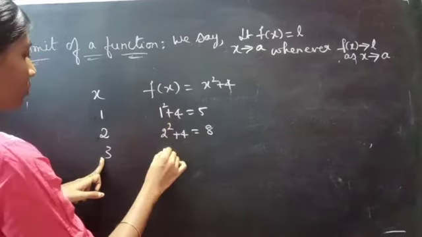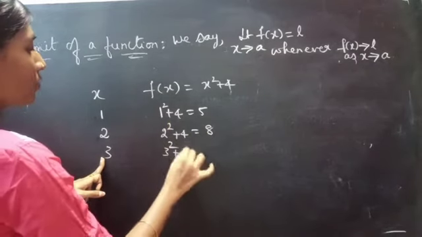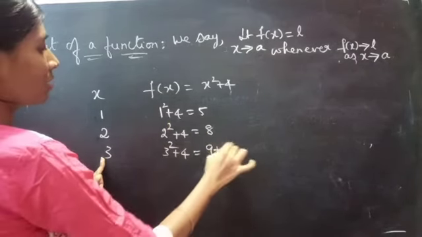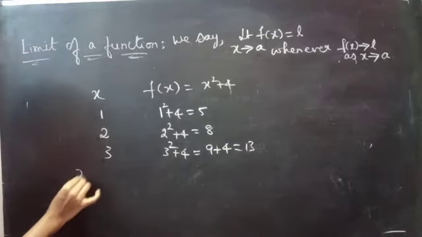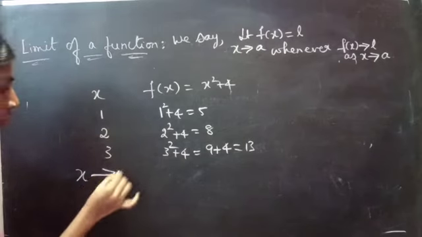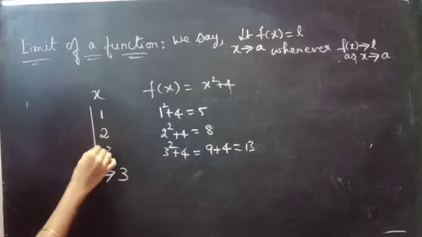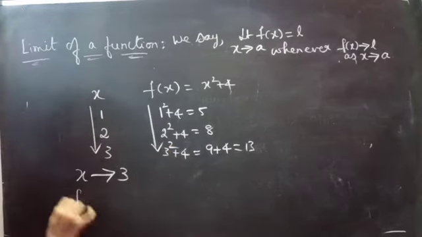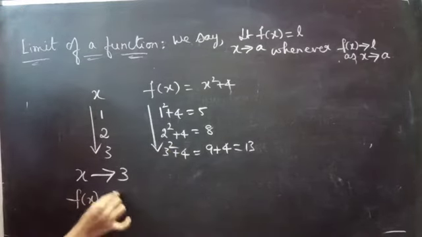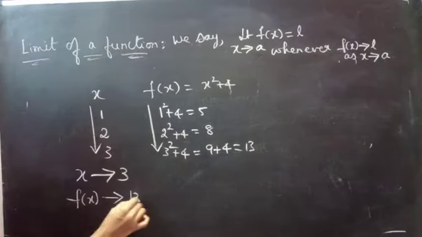When x equals 3, 3 square plus 4, 9 plus 4 equals 13. As x tends to 3, f of x tends to 13.